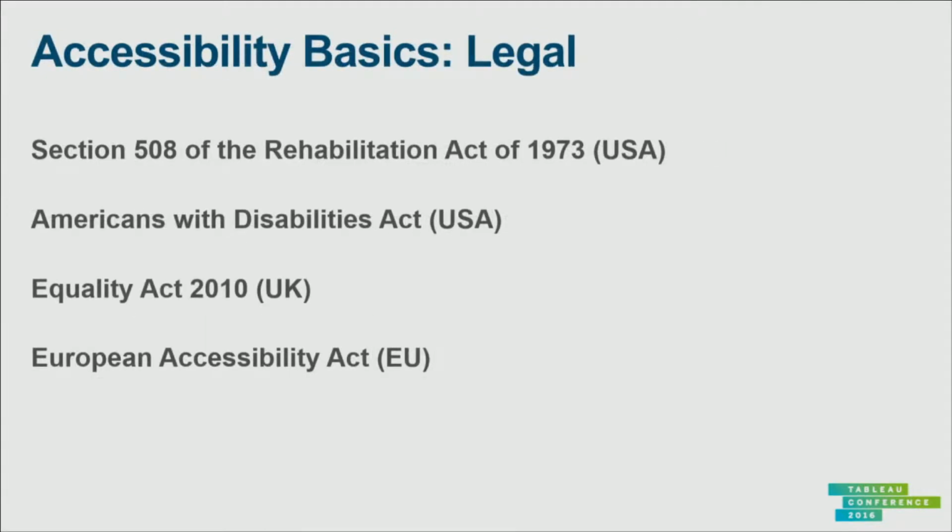So going into just a little bit of the legal framework, because I know that is kind of why a lot of people get involved in accessibility. The main one in the United States that we talk about is Section 508 of the Rehabilitation Act of 1973. It's a US federal law, and it governs how you deploy programs and information using information technology.